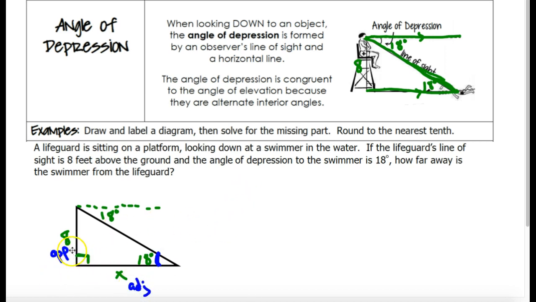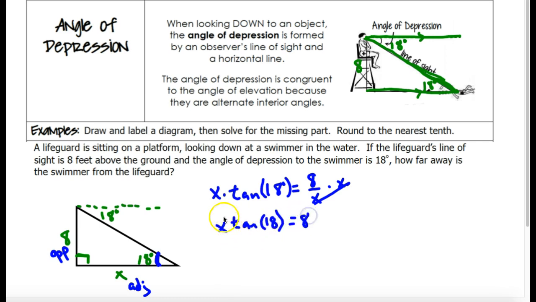I'm going to use tangent, because tangent is opposite over adjacent. I will have tangent of 18 degrees equals opposite over adjacent, so equals 8 over x. Now to solve for x, since x is in the denominator, I need to multiply both sides by x. Those will cancel out. I'll have x times the tangent of 18 degrees equals 8, and then to get x by itself, divide both sides by the tangent of 18, and these cancel.